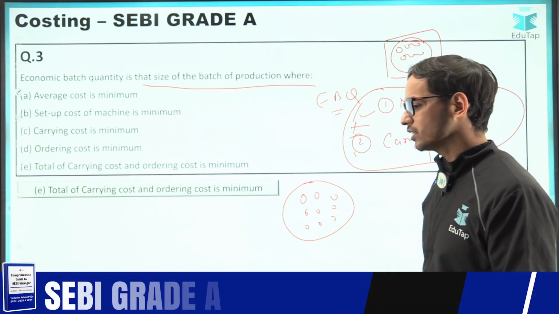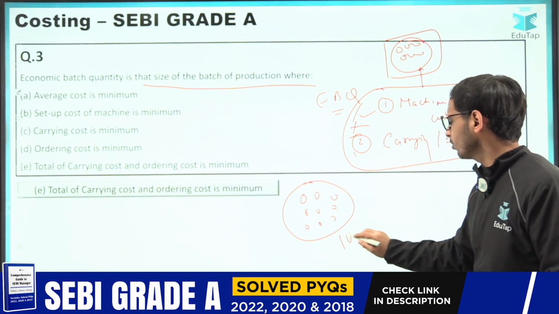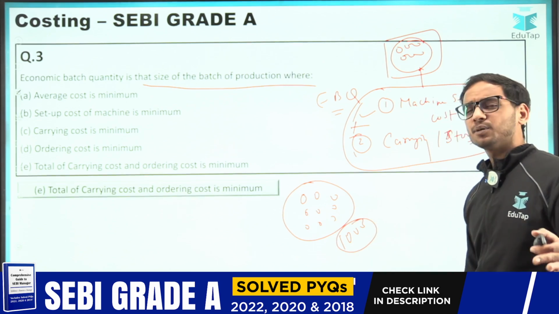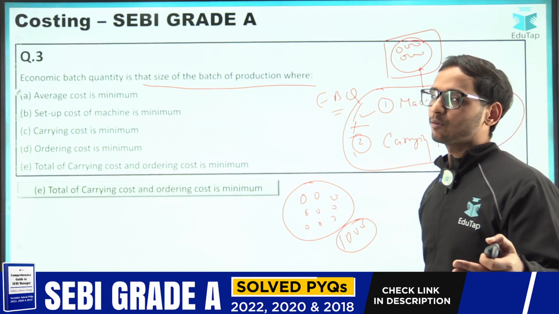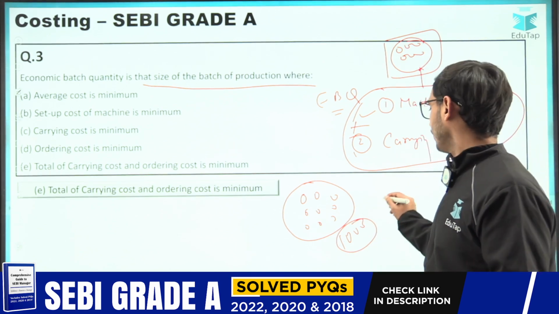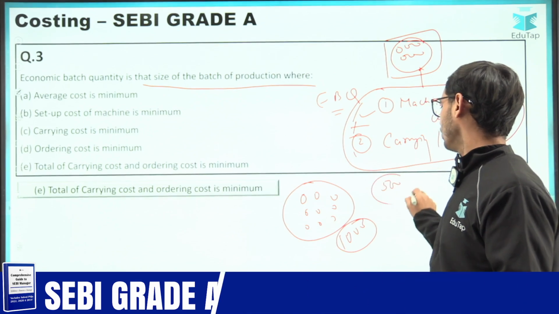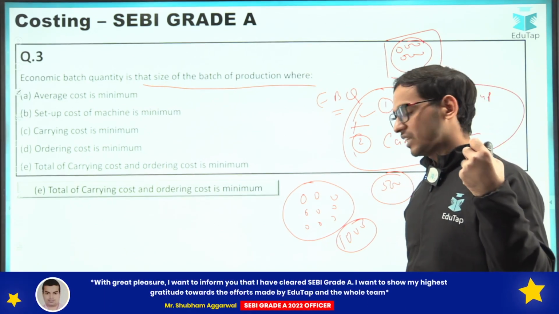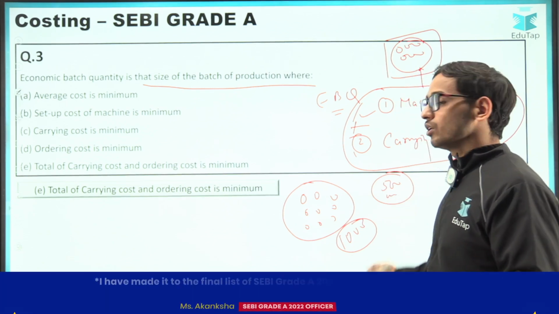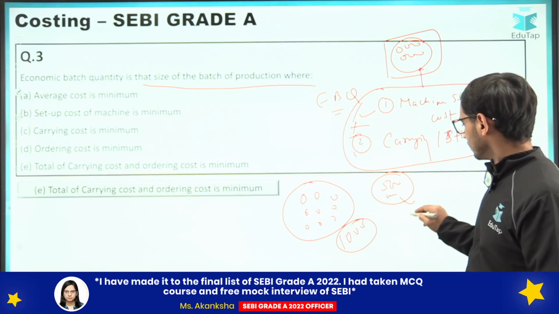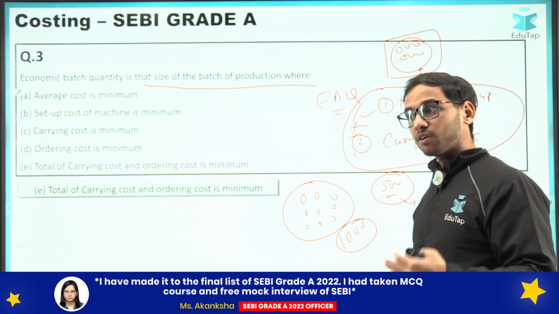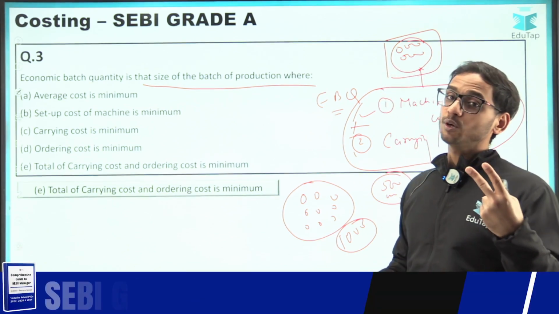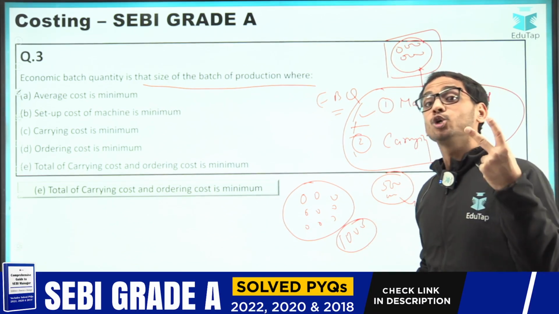I'll give you an example. Let's suppose we have a demand of 1000 units, and suppose we determine that we have to take 500 units in a single batch. To produce these 1000 units, we are going to take batches of 500 units, right? In that case, we have to set up our machine 2 times. So we are going to incur setup cost 2 times.